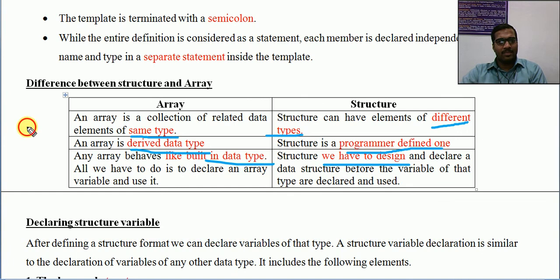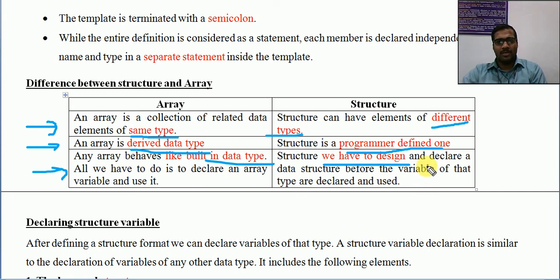So the basic difference is the first one, same type and different types, and this is a derived one and a structure is user defined. Array is using a traditional type, but here we need to design our own type along with the declaration. Here we are only doing an array declaration, but there we need to design and do the declaration.